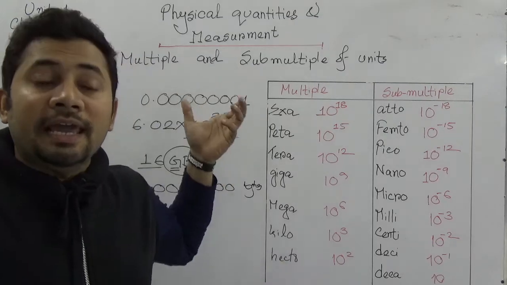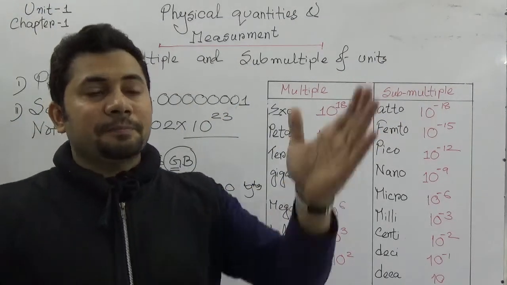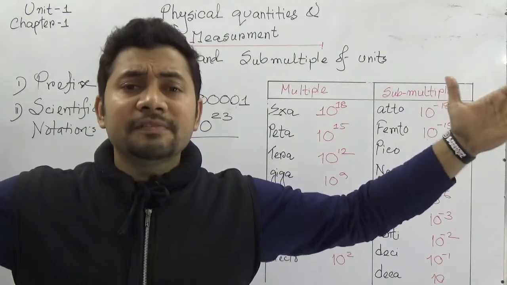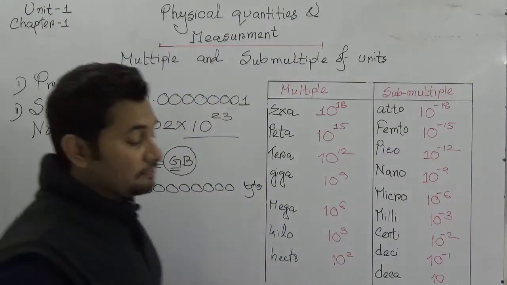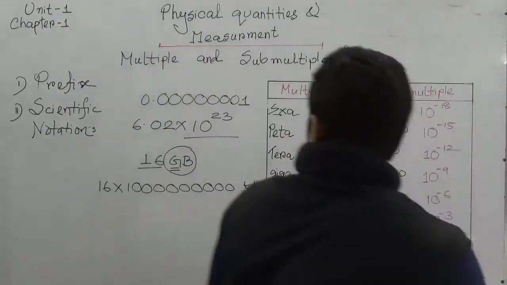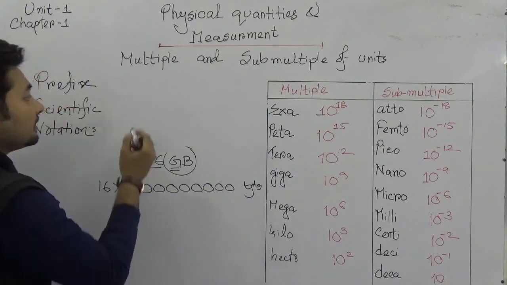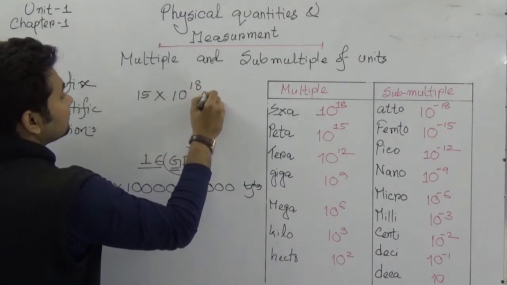If we say 15 exameter, we need to find what the meaning of 15 exameter is: 15 into 10 to the power 18 meters.